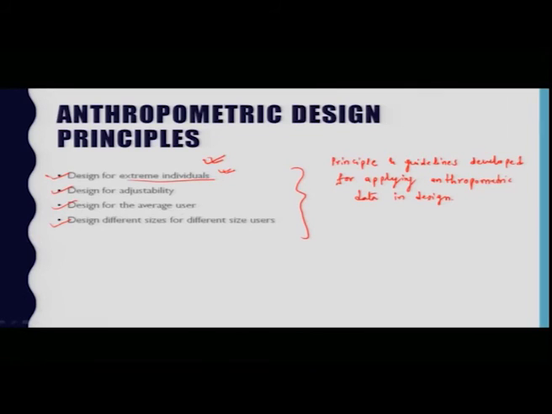I will give you examples of these distinct principles through which anthropometric design has been described. Design for adjustability: the products are designed so that certain features can be adjusted in order to accommodate a wide range of users' anthropometric dimensions.